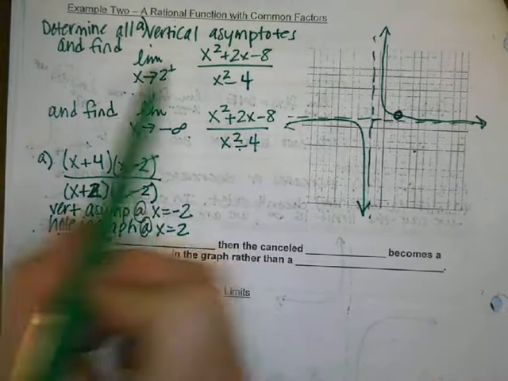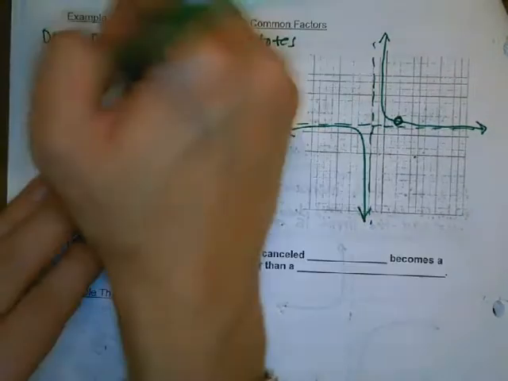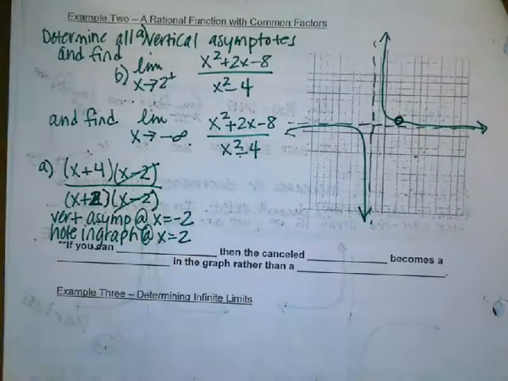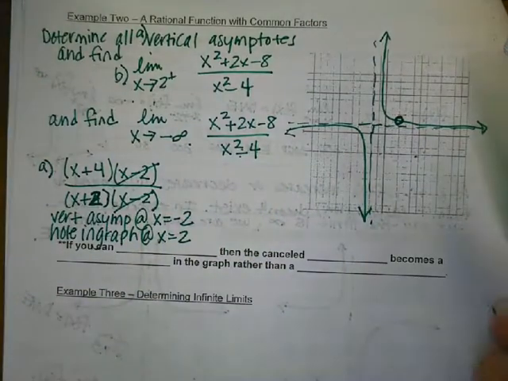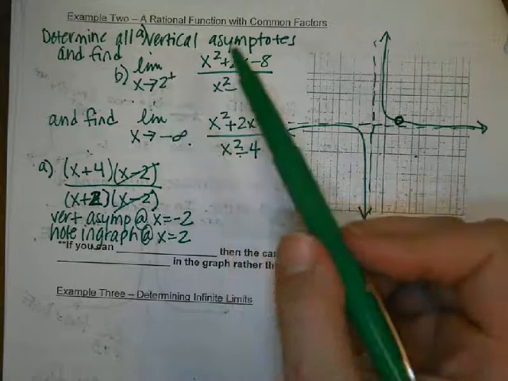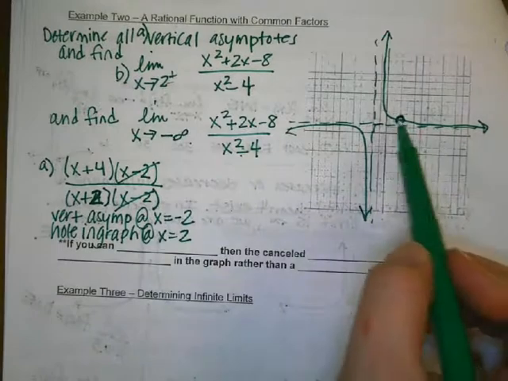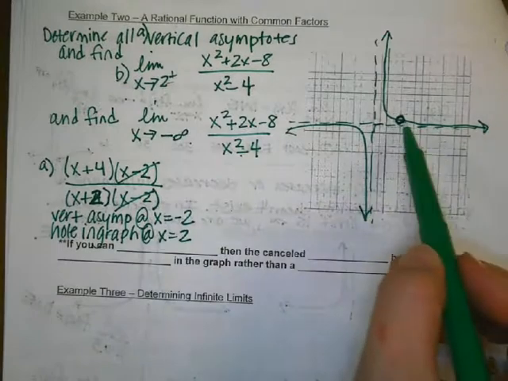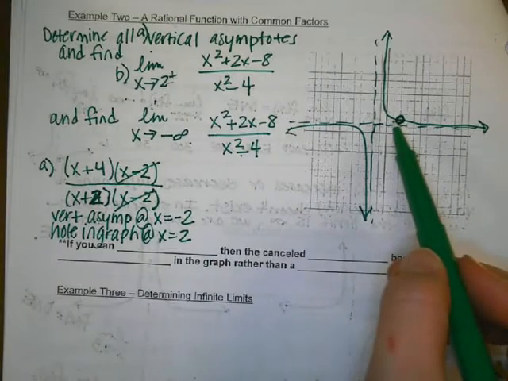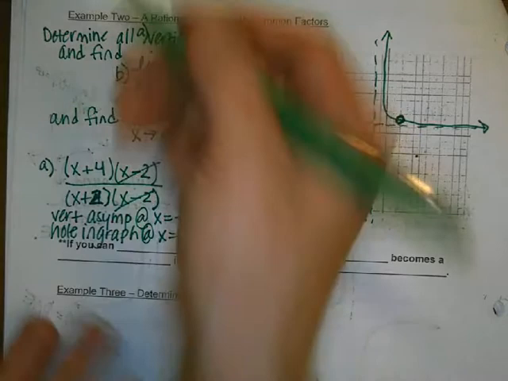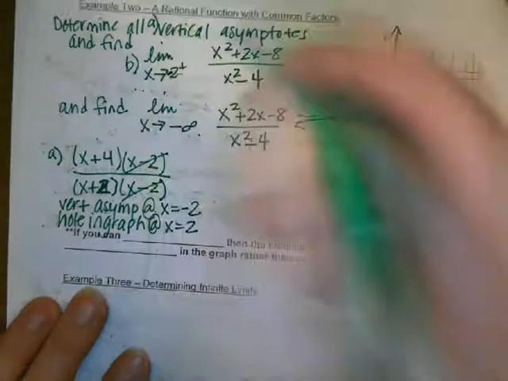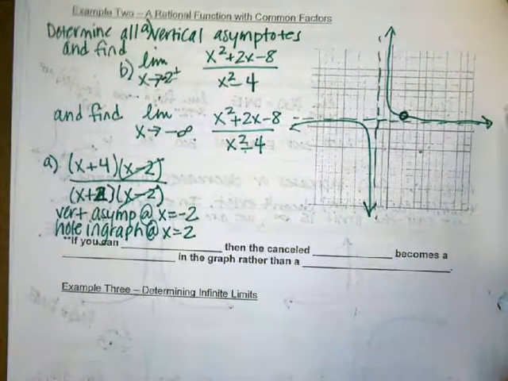Alright, so now moving on to the second question, find the limit as x approaches 2 from the right. As x approaches 2, that's positive 2, from the right, what y value is it approaching? Actually, you know what? I think this is supposed to be negative 2.